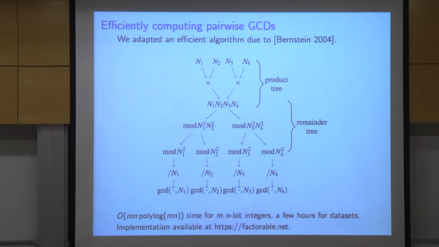For the SSL and SSH keys together, it took, I think, an hour and a half to finish on one Amazon EC2 instance, which corresponds to $5 of EC2 time. And an implementation of this algorithm in C, which is reasonably fast, but not the end of the story if you want to improve it, is available at factorable.net if you want to play with this stuff at home.